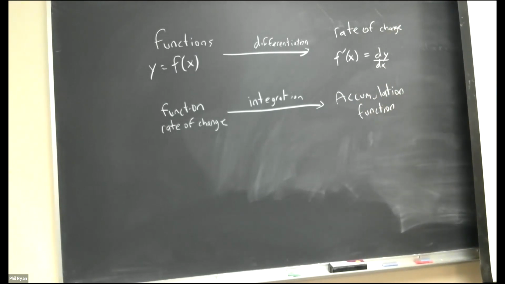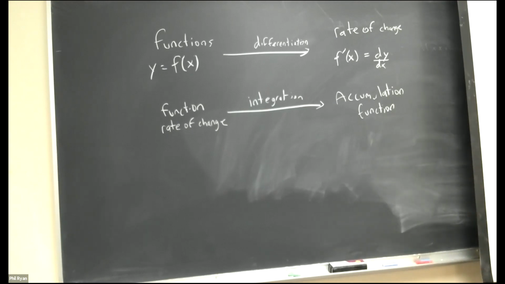So if we are getting $10 per day, then we're accumulating money, right? If we are traveling 10 feet per second, then we're accumulating distance. Whatever it is that's being differentiated, if we go backwards, we're accumulating that thing.